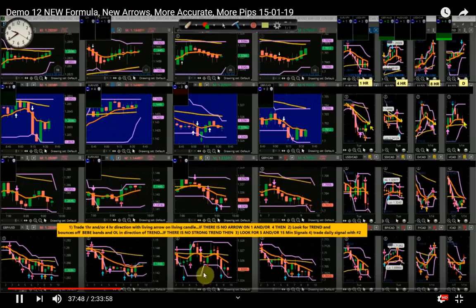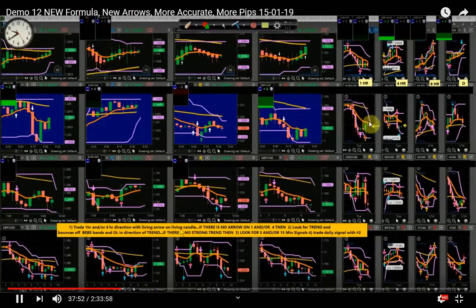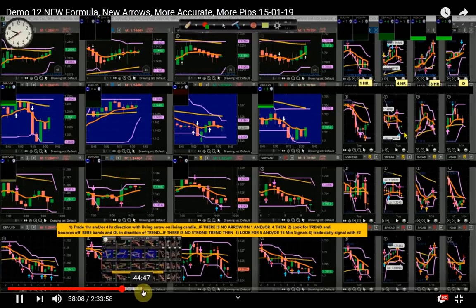The same with the GCAD. All right. The EU, look, we're approaching the orange line on the 1 hour. Seems to have slowed down a bit, judging by the 5 minutes. It might go up a bit more, but then I think we'll have a trend, a number 2, kick in again. Okay, let's go and have a look.